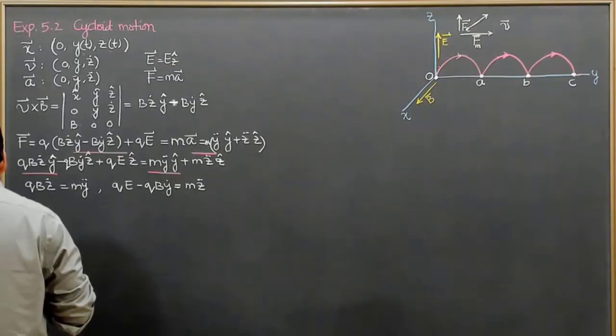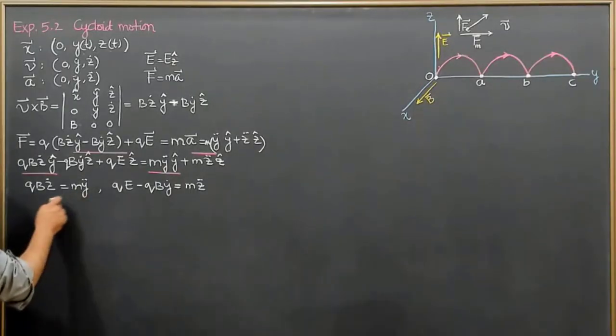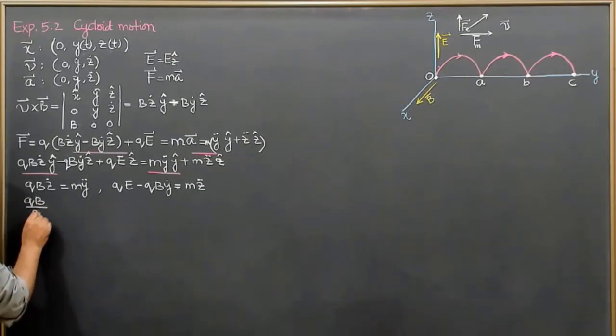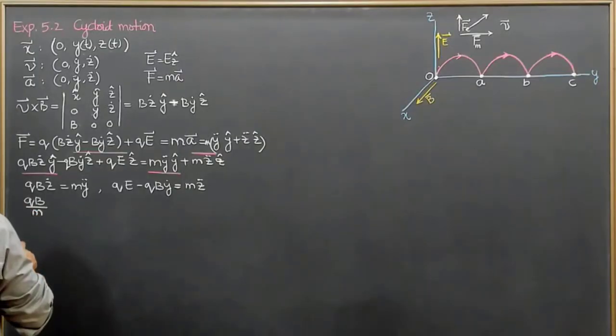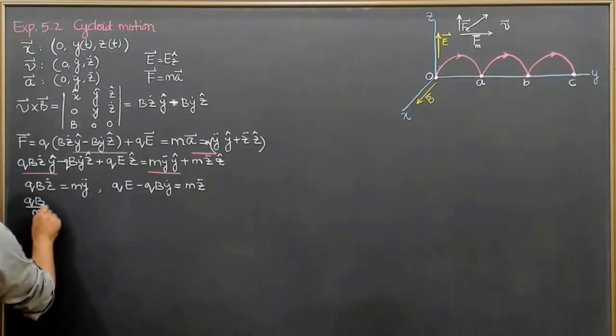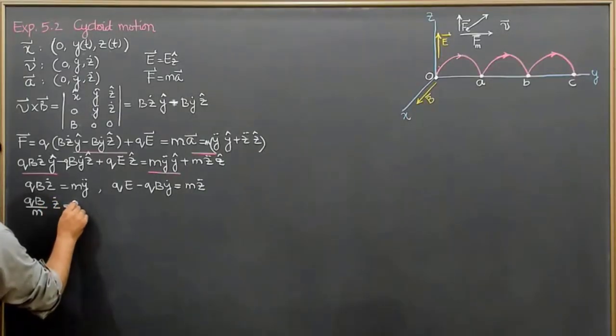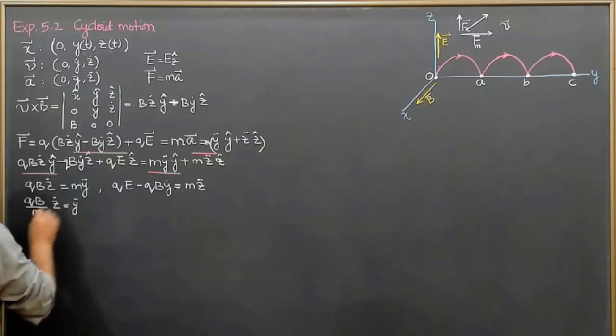So I can write that this is QB over m z dot equals y double dot.